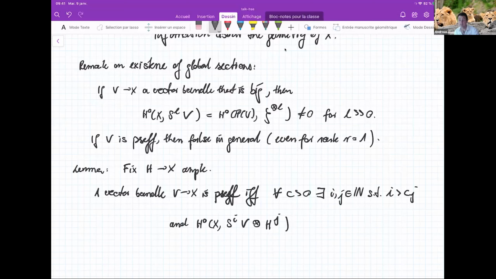So that's a characterization of being a pseudo-effective vector bundle in terms of global sections. So what is the idea?